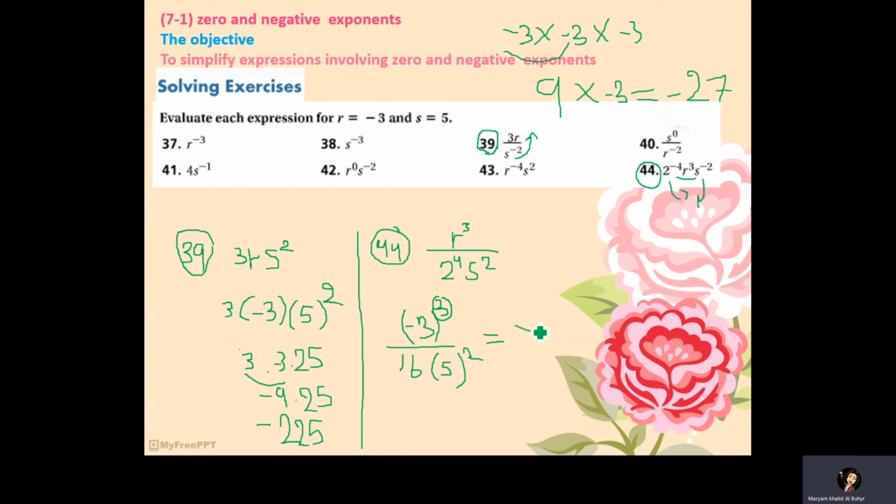So that is negative 27 over 16 times 25. If you can simplify anything with the other one, simplify it. Make sure that here between the multiplication. So I'm going to write for you directly the answer.